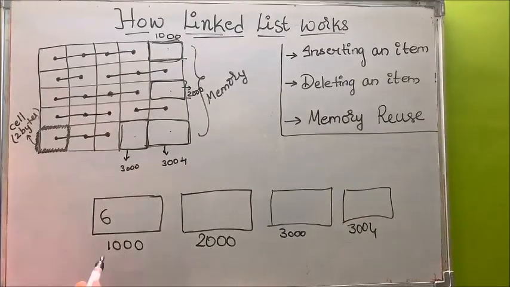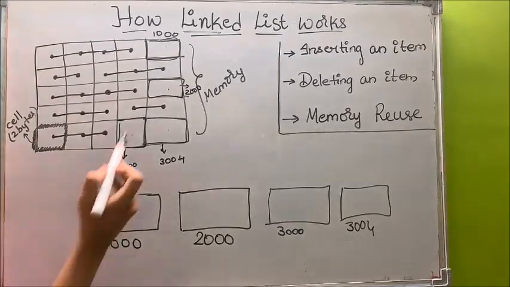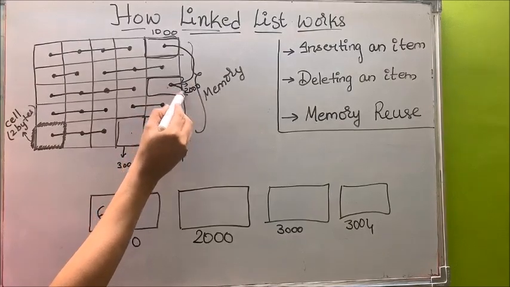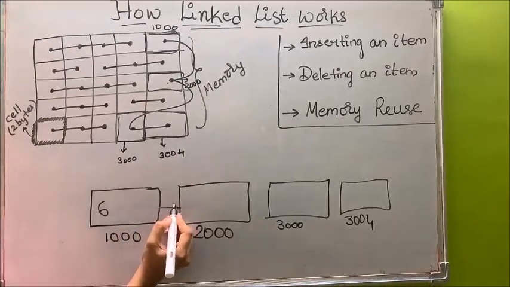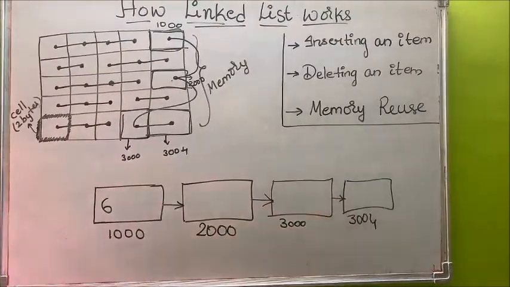So the starting node address is 1000. So we are linking each and every empty cell like this. In the same way, all the empty cells are linked like this.